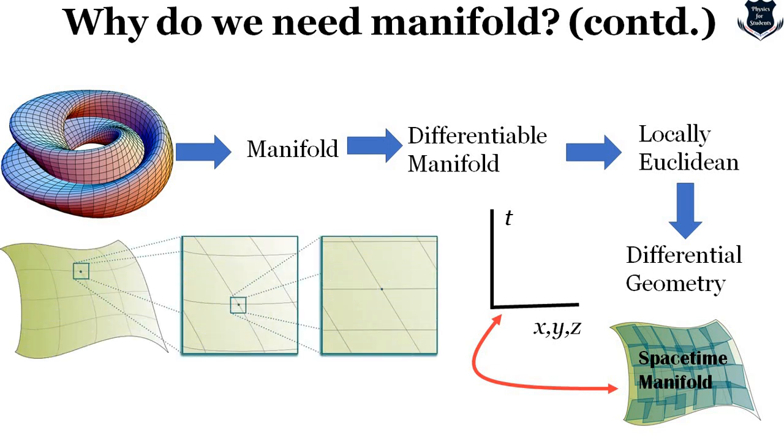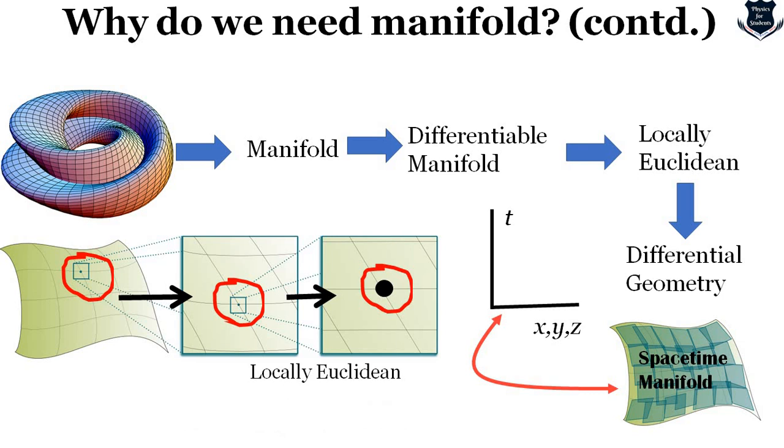This is an illustration which I would like to show you. This is a point. We zoom in here, and if we zoom in further, we get something like a simple point on a Cartesian space. This is something which is locally Euclidean.